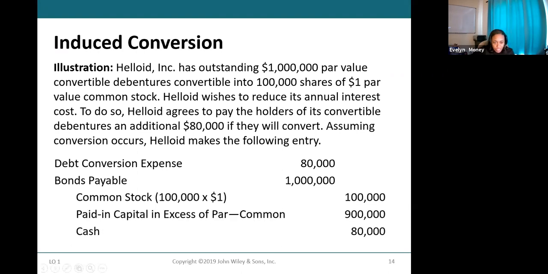There's the 80. I'm going to put it all up here so you can see the cash. So that would be one separate entry if you wanted to do it as one entry. We take bonds payable off the books. Common stock is still valued at par, so 100,000 shares at $1 par value. And paid-in capital in excess of par is what I need to make my entry balance, as well as the cash going out.